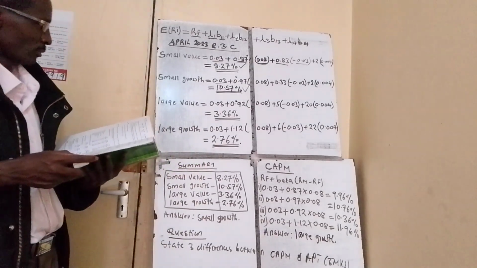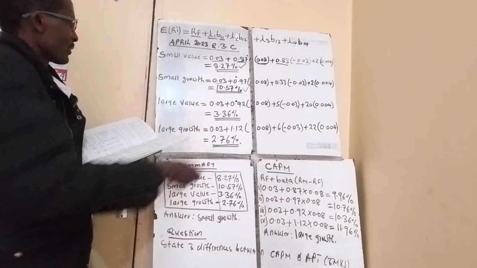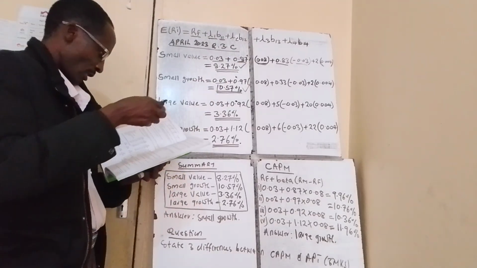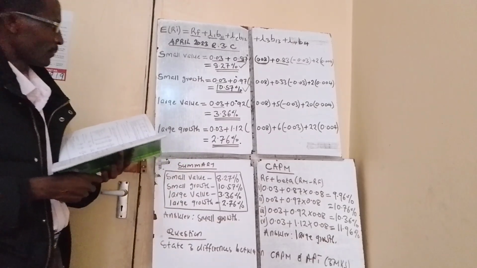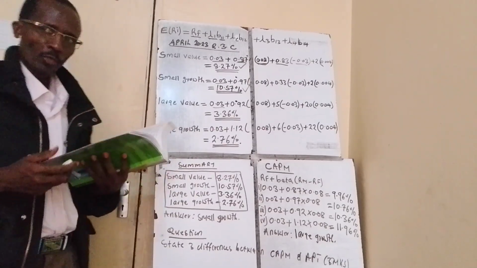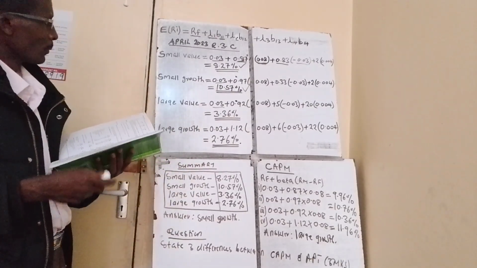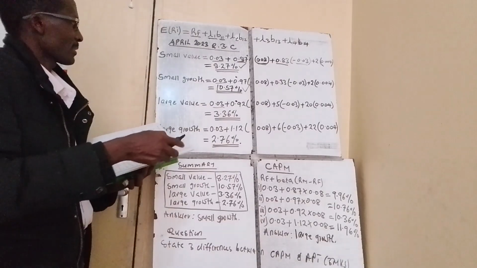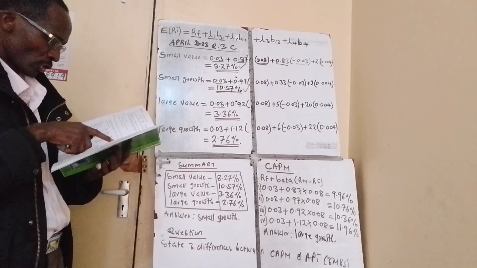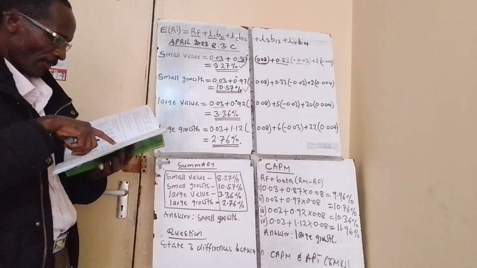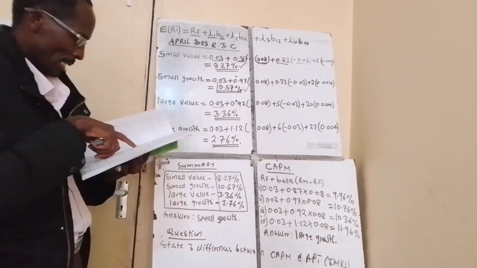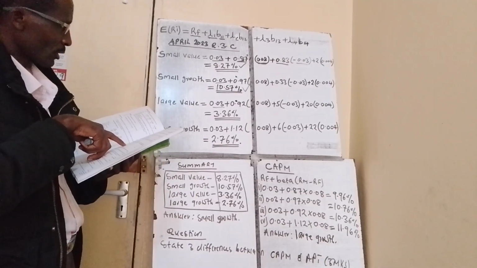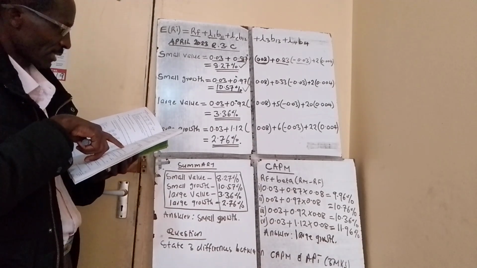Go to large value. The same formula applies. Risk-free rate for large value does not change. It's the same, 3%, 0.03. We plus 0.92, that's the market beta. Then you multiply by the risk premium, 0.08, that is 8%.